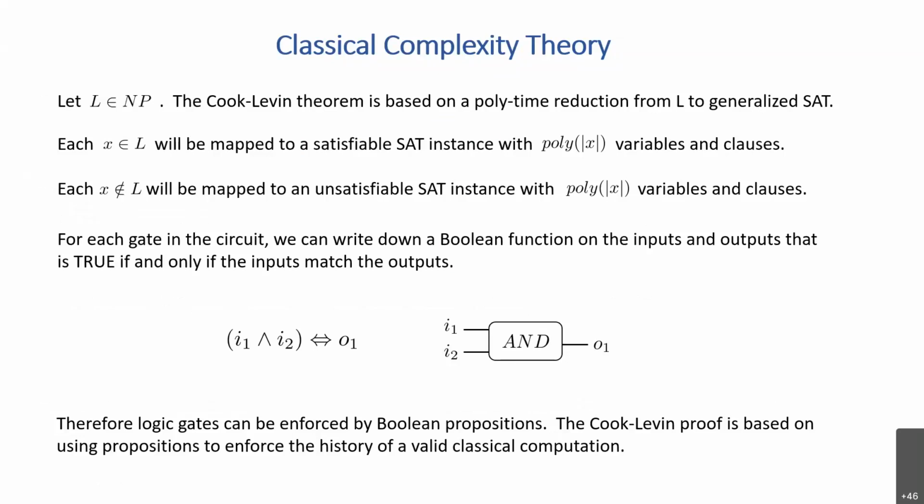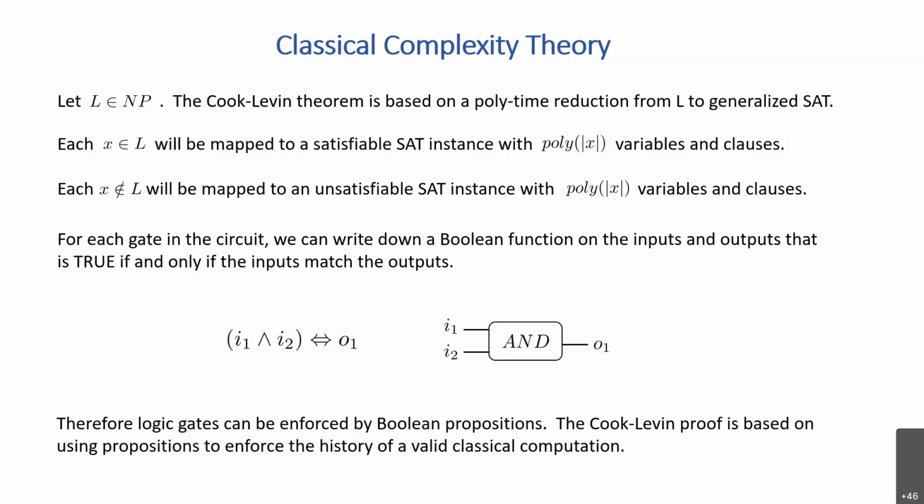We want to give a reduction to solving a generalized SAT problem. What does that reduction mean? For each x in the language, there should be some satisfiable SAT instance. And for each x not in the language, the reduction should map it to an unsatisfiable SAT instance.